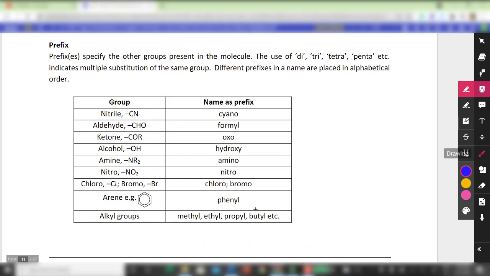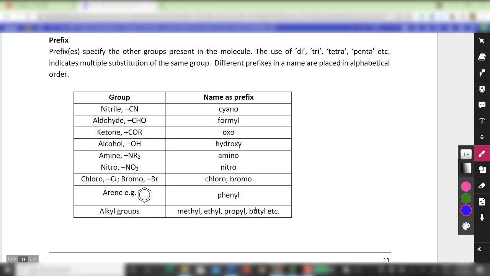Like what I mentioned earlier, if it's a mixture of carboxylic acid and alcohol, then carboxylic acid is the parent, meaning the one given higher priority. Then the OH you no longer call an alcohol, you call it a hydroxyl group. So that's how the naming comes about.